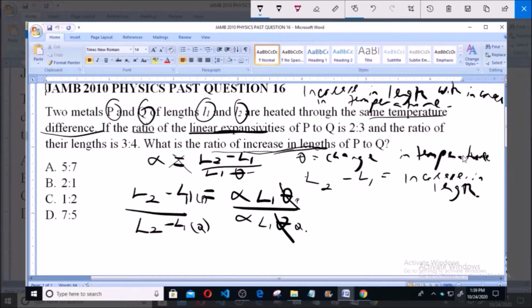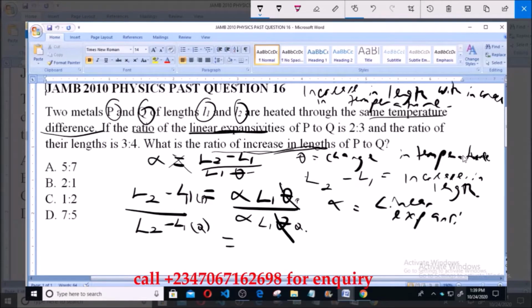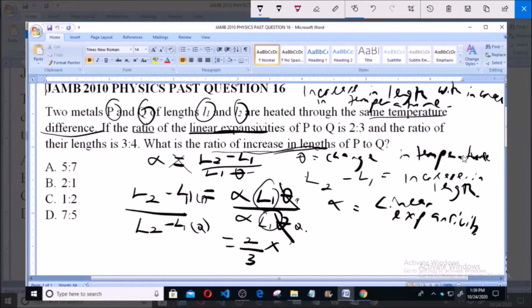Now we can insert our values. The ratio of the linear expansivities, alpha being the linear expansivity, is 2 to 3 for P to Q, so 2 over 3, multiplied by the ratio of their lengths, that is 3 over 4.